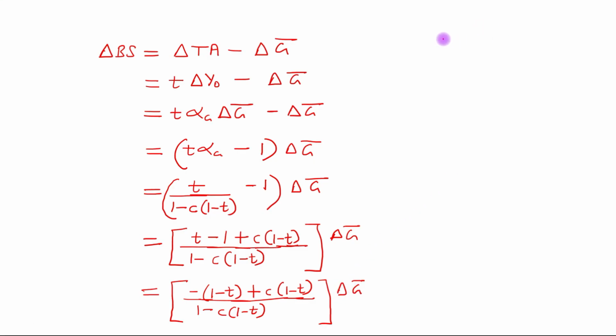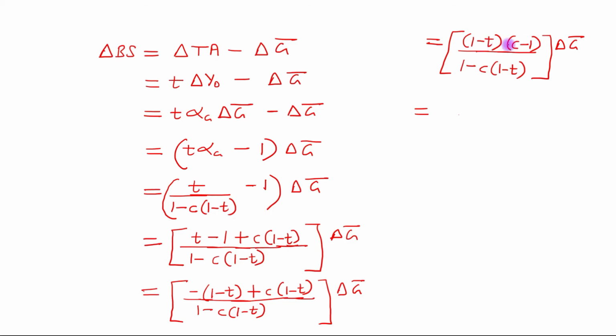In the next step, this will be 1 minus C 1 minus T, and we will take 1 minus T common, so it will be 1 minus T, C minus 1, change in G bar.